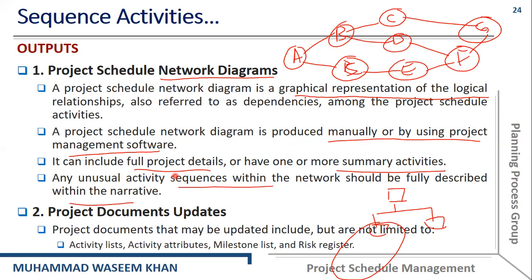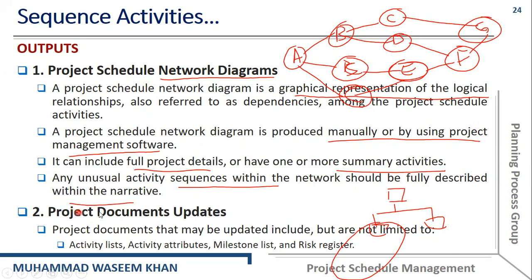It can include all project details or have one or more summary activities as well. Any unusual activity sequence within the network should be fully described within the narrative. So this is the project schedule network diagram. We will discuss it in the coming slides.